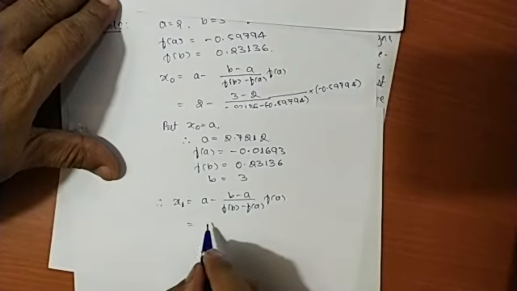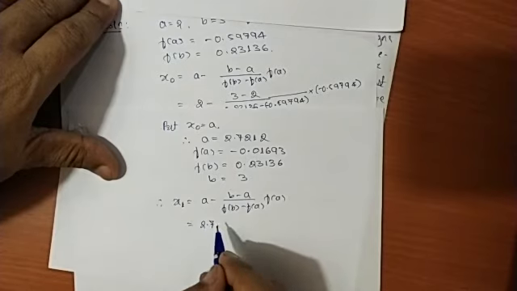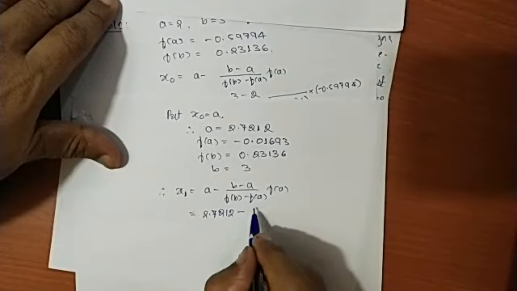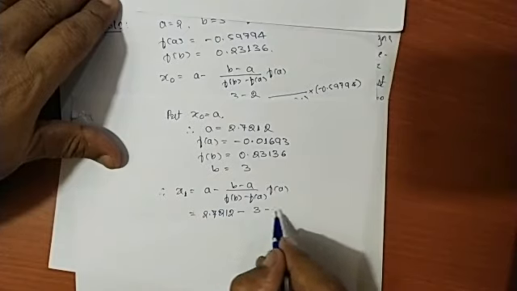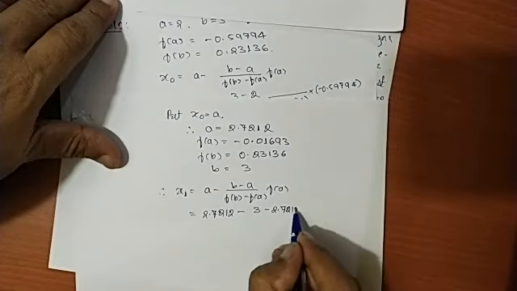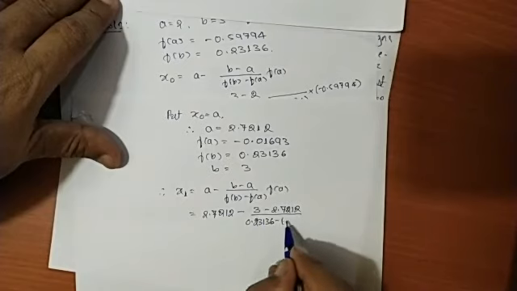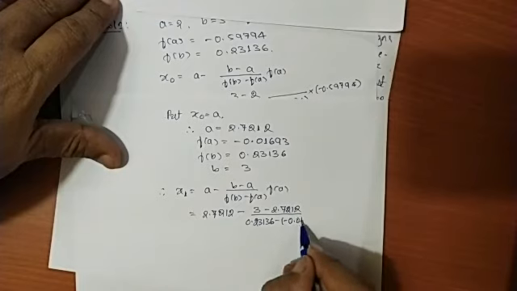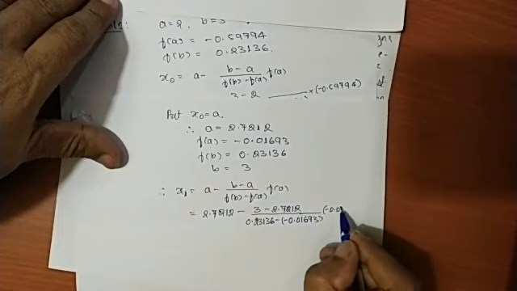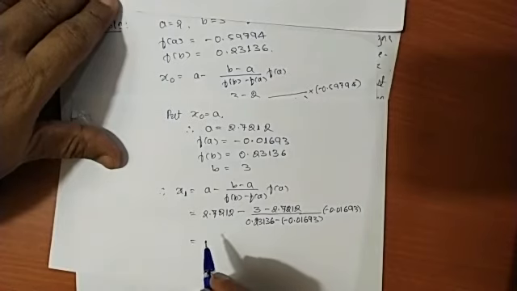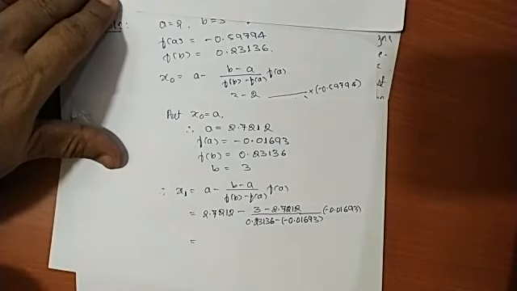So a is 2.7212 minus (3 minus 2.7212) divided by (0.23136 minus of minus 0.01693) into minus 0.01693.